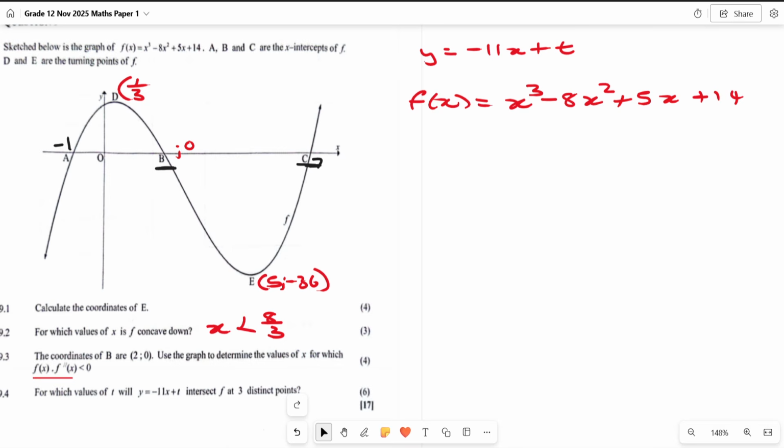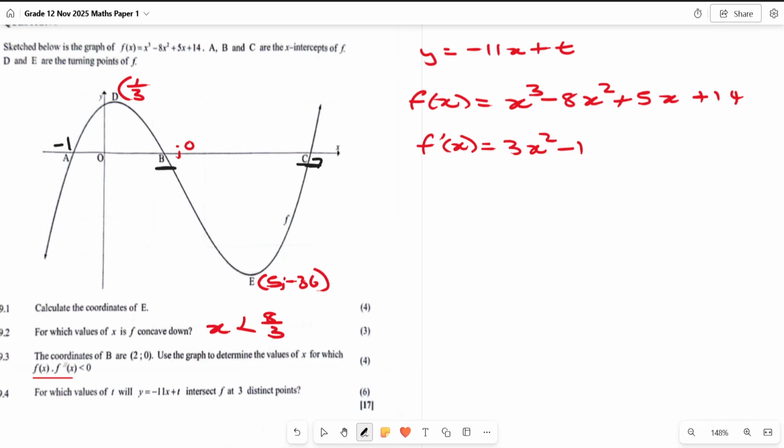At that point, they will share the same derivative, because we have a straight line which is going to be passing through this graph. So we need to find the first derivative of this, or you could have equated the two equations. But I'm going to find the first derivative because I know they share the same gradient at the point that they intersect.